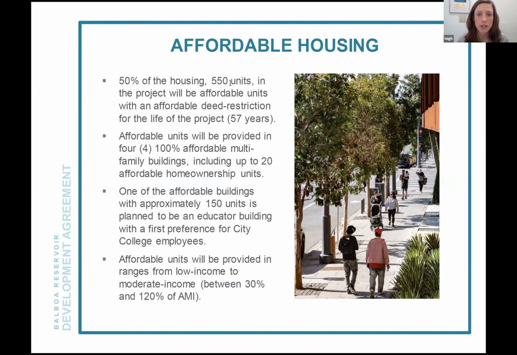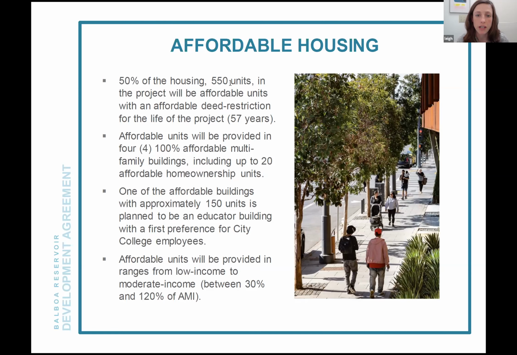So affordable housing, 50% of the housing, or 550 units, will be affordable. The affordability will be guaranteed with an affordable deed restriction for the life of the project. The affordable units will be provided in 4 100% affordable multifamily buildings. So 4 of the buildings on the project will be affordable buildings.